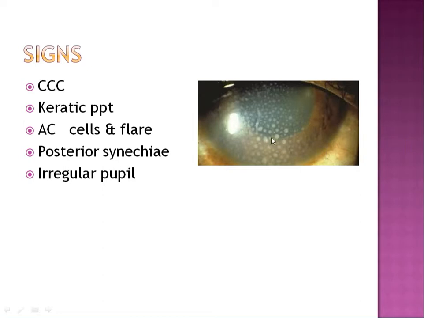Can anybody tell me what type of KPs are seen here in this particular picture? Students, one of you please respond. What are the types of KPs you're seeing here?